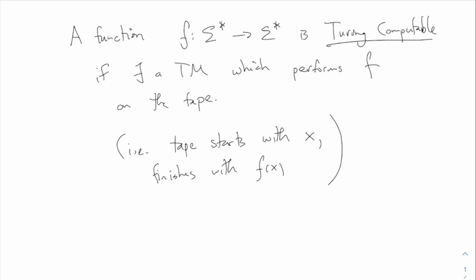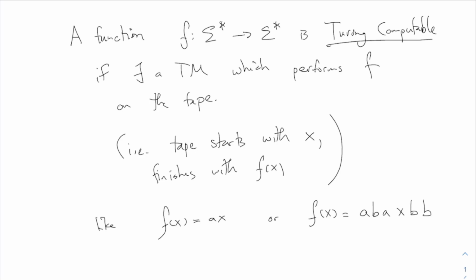And we did some very simple examples last time of Turing computable functions. Things like f of x equals ax. That's a function which takes any string and just puts an a on the front of it. Can you do that with a Turing machine? Yes, you can. The machine would move one position to the left from the beginning and change a blank to an a, and then that's it. Or, if you want to get fancy about it, you could put a bunch of stuff at the beginning and put some stuff at the end too.